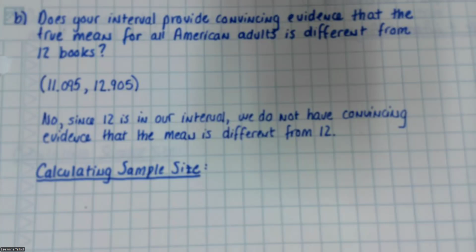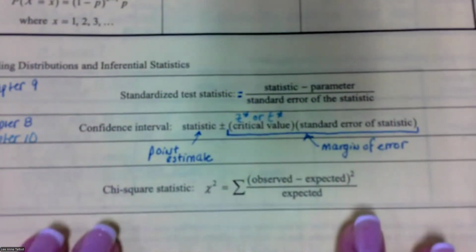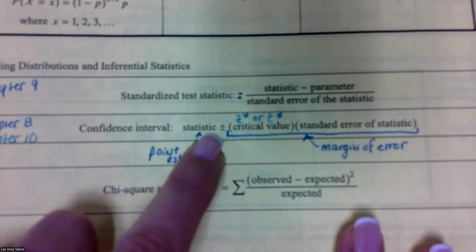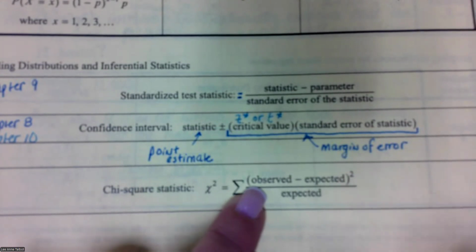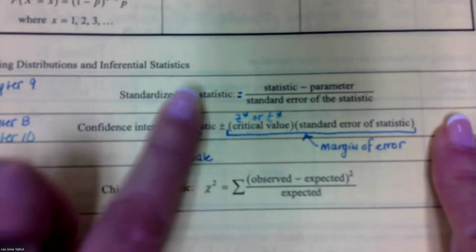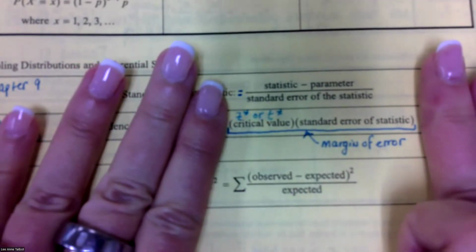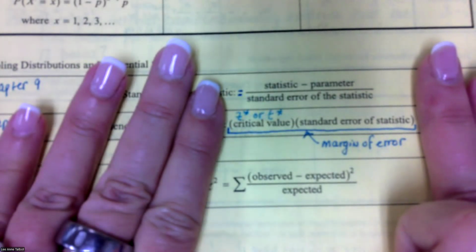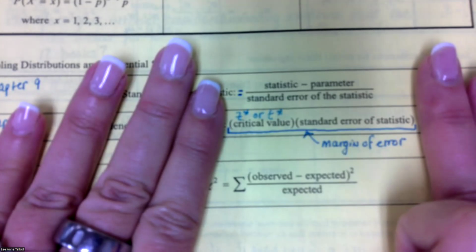Okay, last thing of the day, and I'm actually not going to do one of these. I know this is an algebra problem, but I do want to give you the information that you need. Going back here, looking at your yellow sheet, I want to remind you that the part after the plus or minus in a confidence interval is called the margin of error.